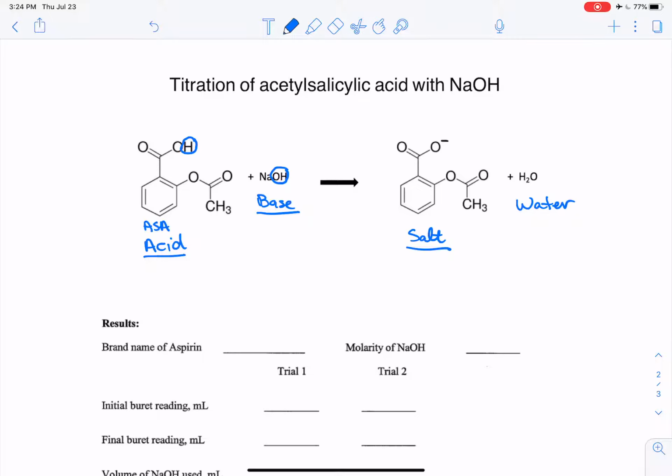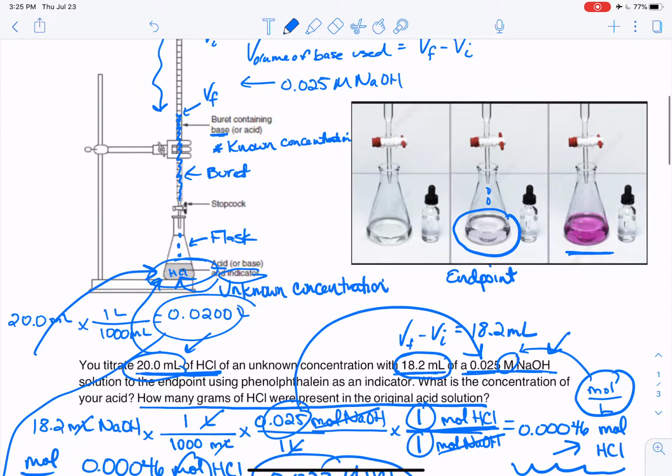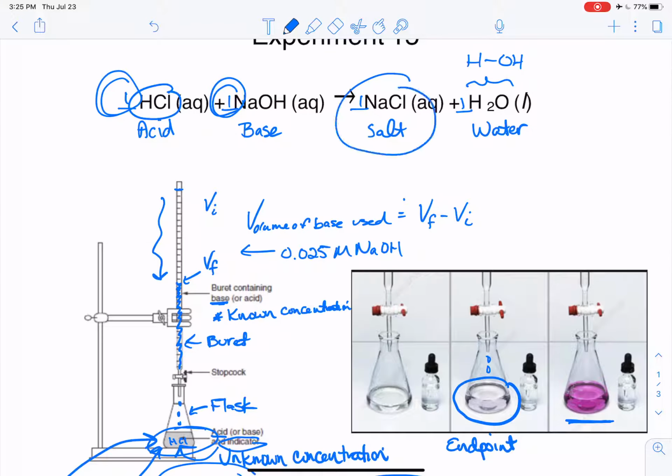H plus and OH minus make H2O. And then you have Na plus just floating around in the solution, and it's really attracted to that minus that is on the anion from acetylsalicylic acid, and it's called acetylsalicylate, that anion right there. And it is a salt just like sodium chloride.